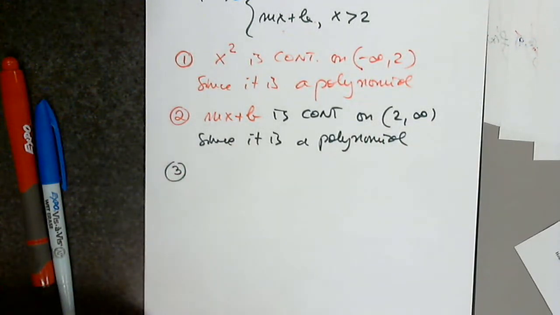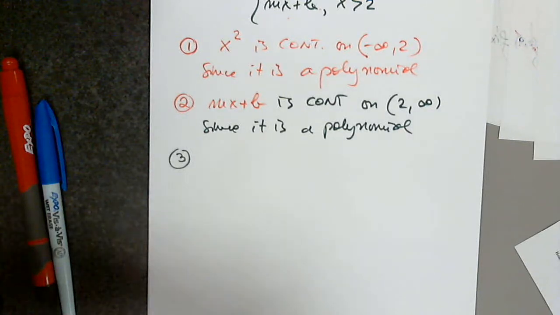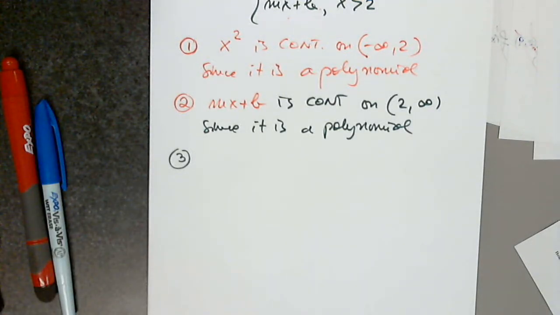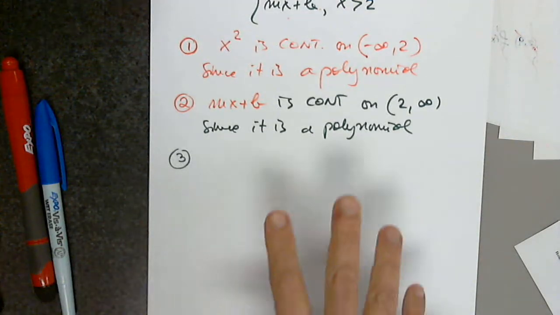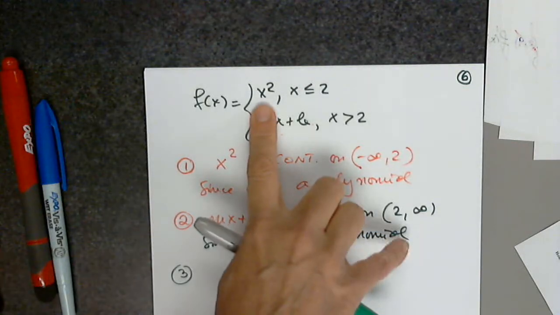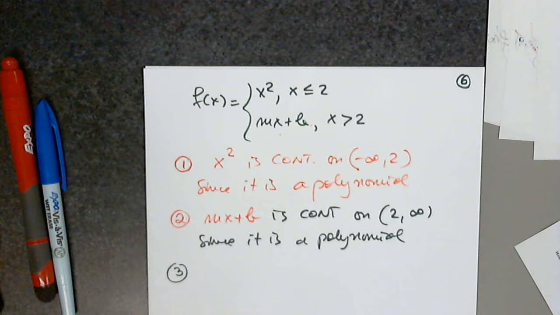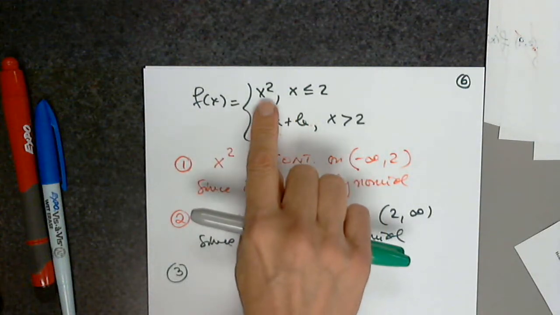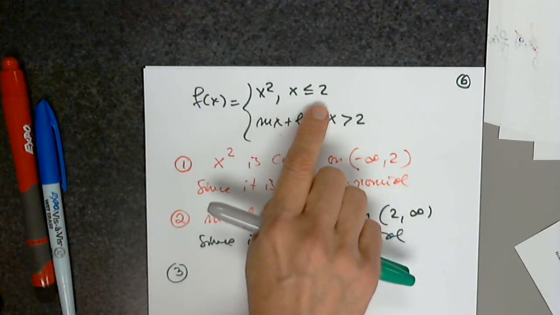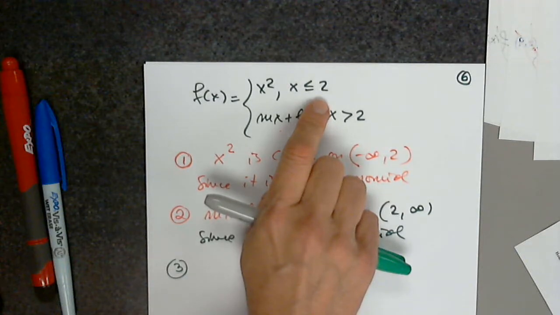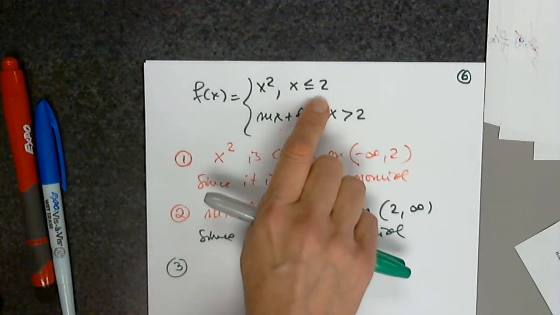Step 3. Why is 2 in parentheses, not a bracket? Excellent, because I have not studied the continuity at that point yet. I only said that x squared as a quadratic function is continuous everywhere, but for this function, x squared is only between negative infinity and 2, and you're right, including 2. But I haven't analyzed what happened at 2 yet.